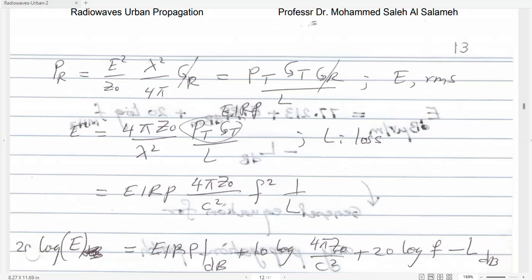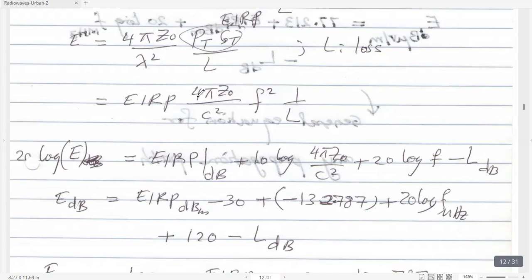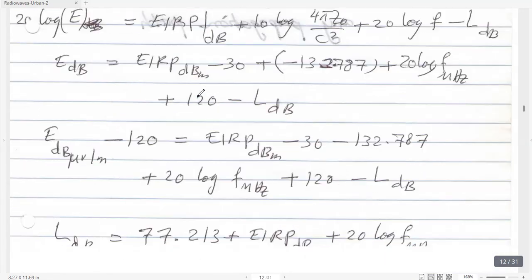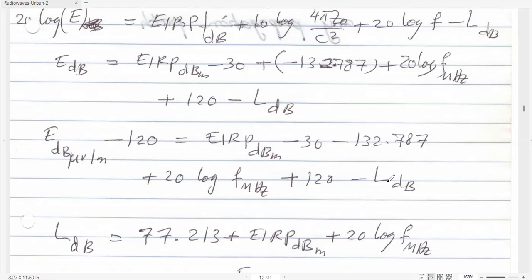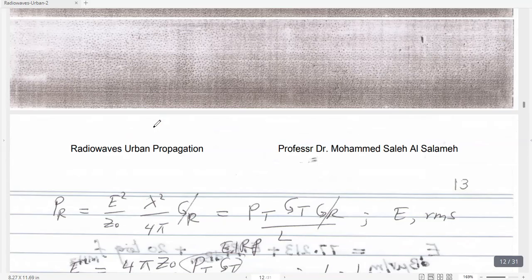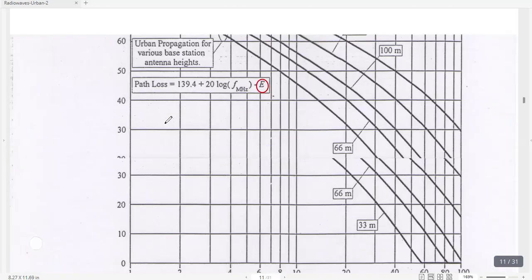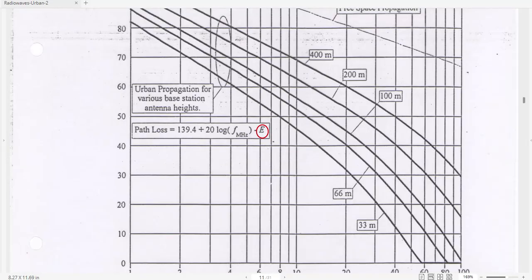Dear audience, we continue on the propagation models. I want to derive here a general propagation loss formula relating the propagation loss in dB with the electric field near the receiver in dB microvolt per meter. Note here that this equation is not a general equation.